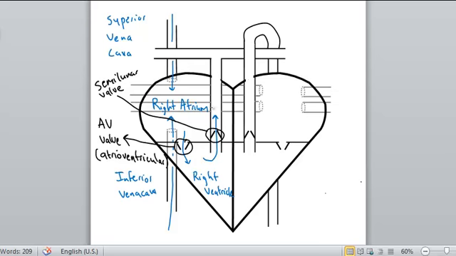I'm just going to write trunk here. And out to the pulmonary, because it's taken away from our heart. Is it going to be a vein or an artery? If you said artery for away, you are correct. And you have the right and the left going to the right and the left lung. So 2 lungs.